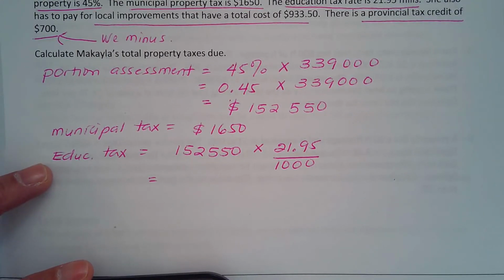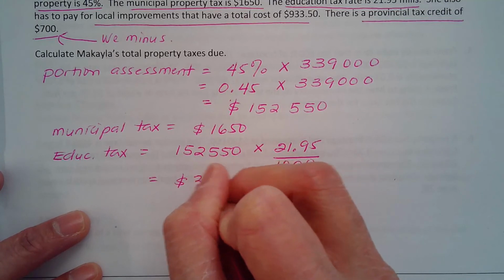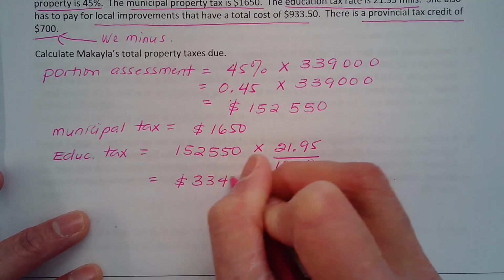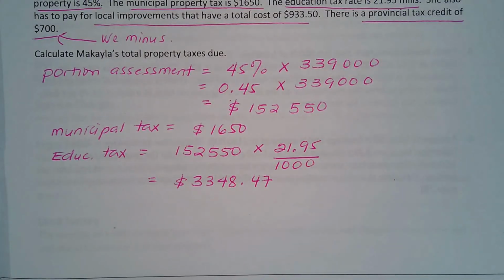Let's do the math. That's a lot of education tax. 3348.47. Is that okay?